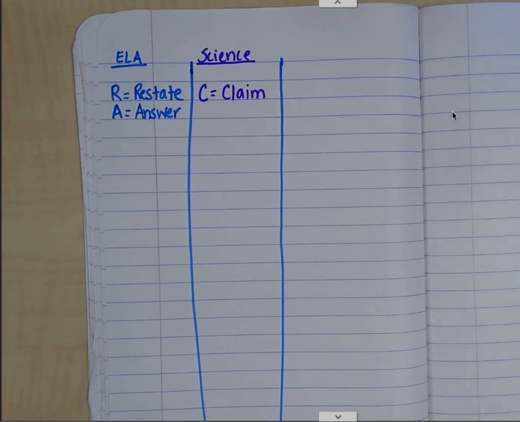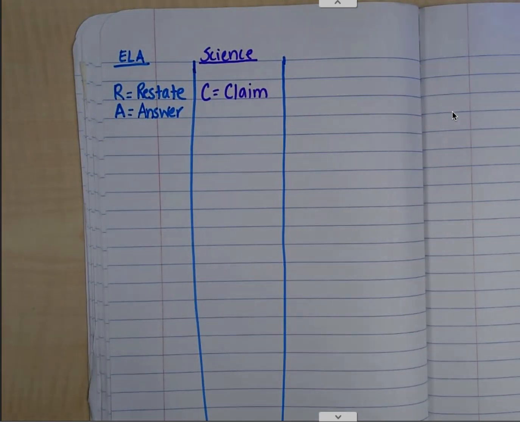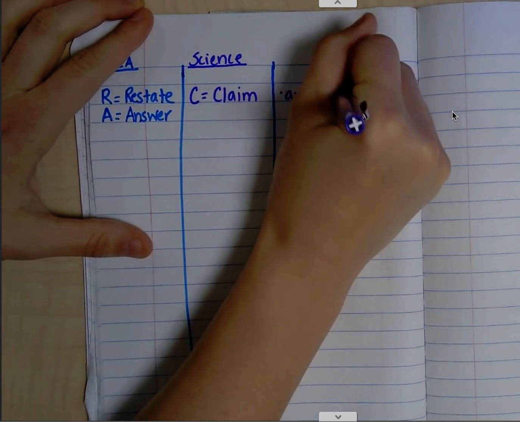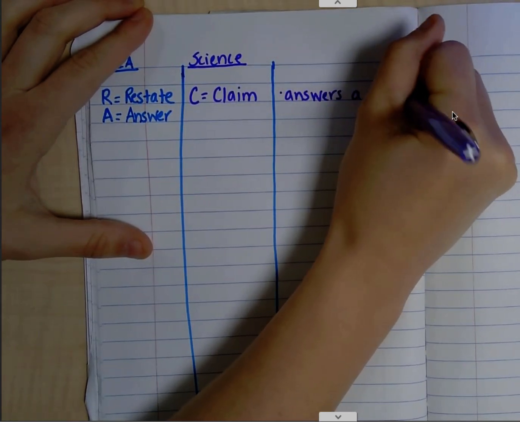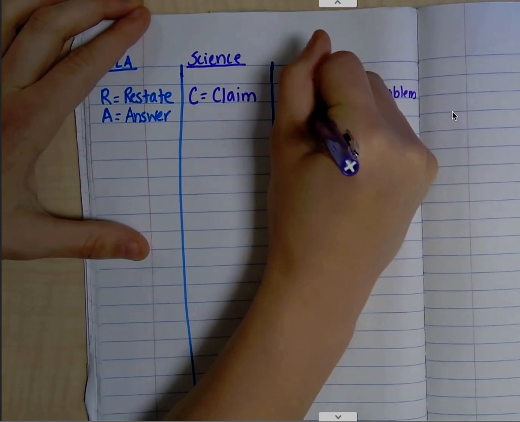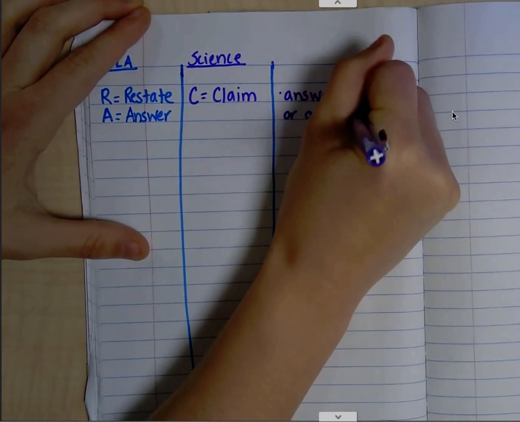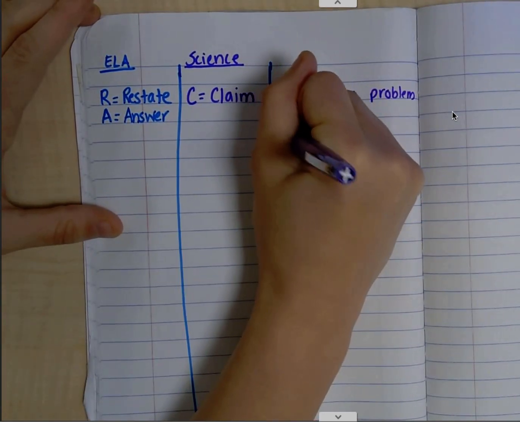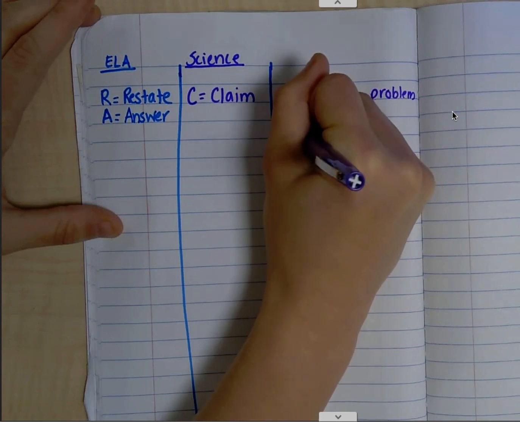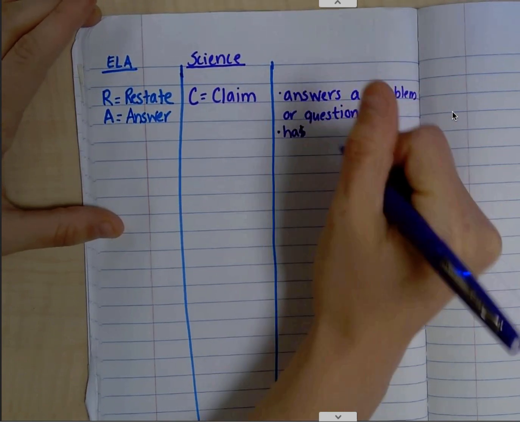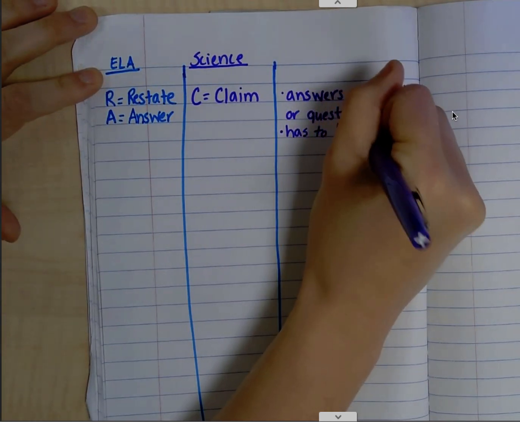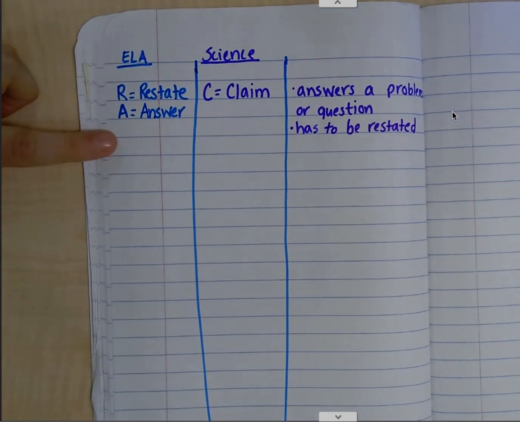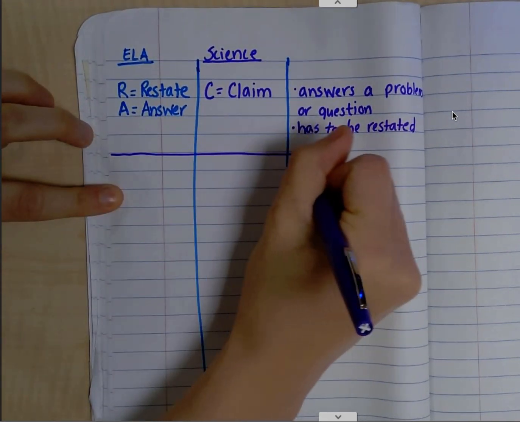And when we're talking about a claim in science, all we're talking about is it answers a problem or question, and it has to be restated, or rephrased. And then I'm just going to skip a line and just draw this across.